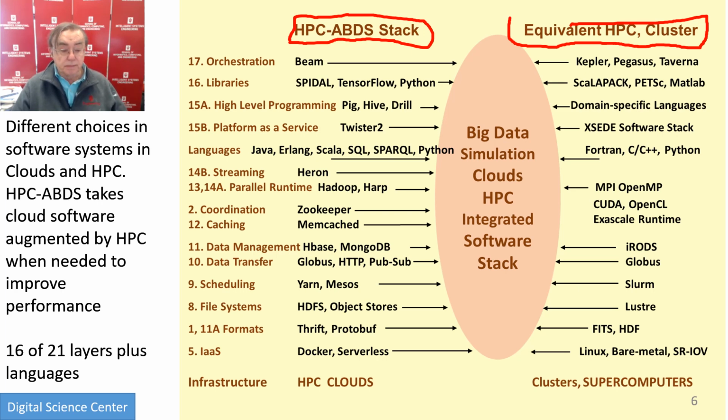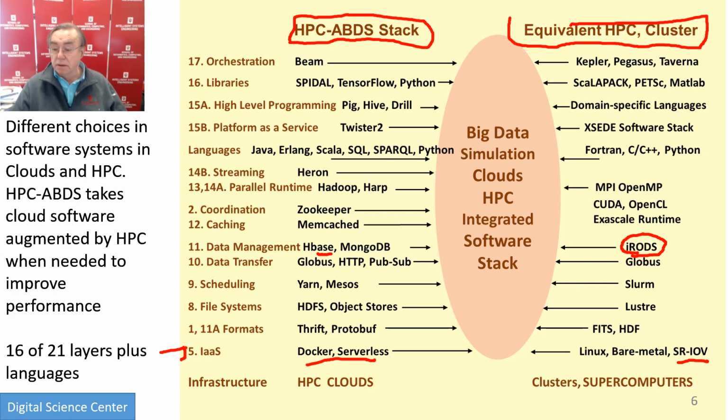So we start at the bottom with infrastructure, which, as I said, is going to be Docker or serverless these days for big data. And on the right is basically Linux or bare metal, and SR-IOV is a technology to allow OpenStack to run very fast on supercomputers. Data management might be HBase for the big data case, and it might be iRODS, a wonderful metadata management system for files, which we don't tend to use on the big data side.